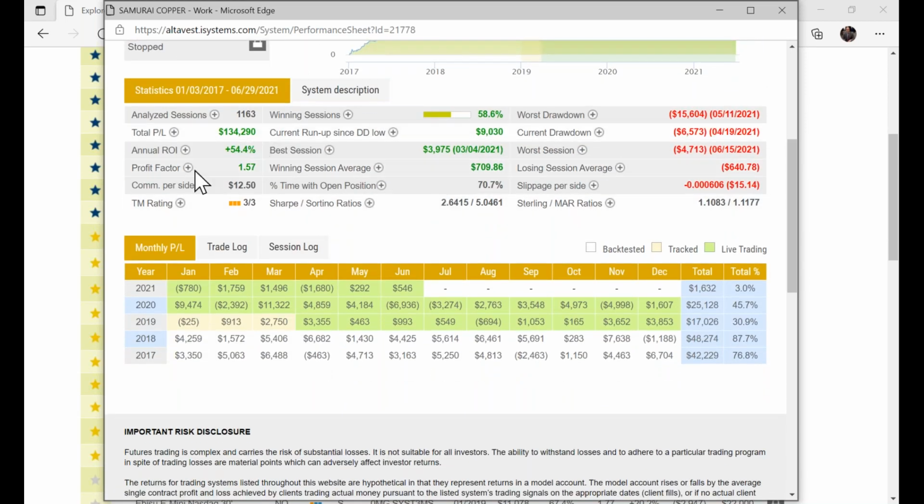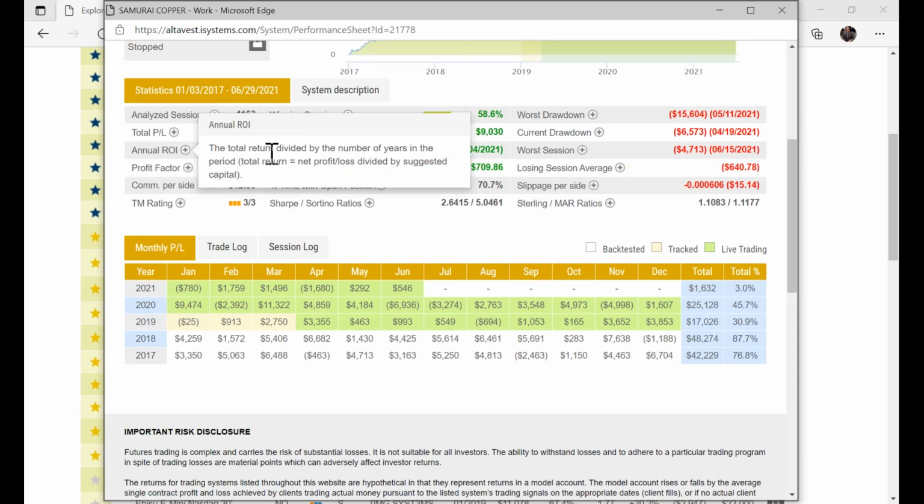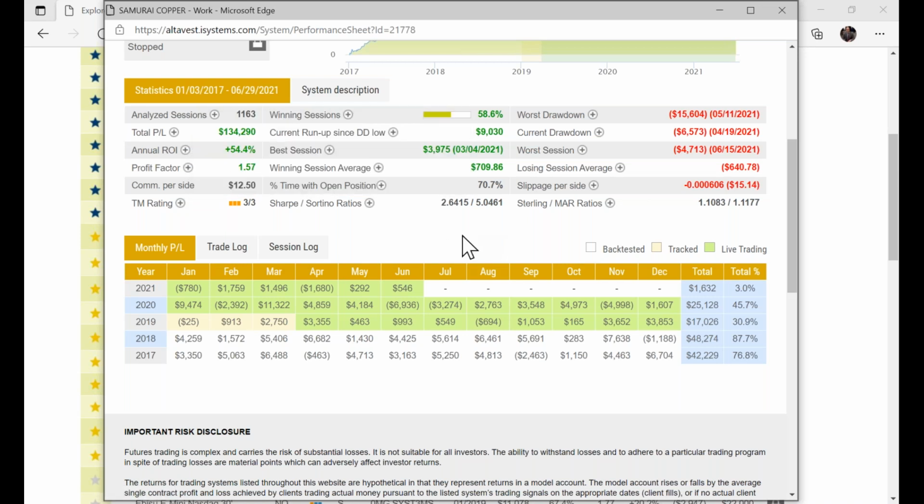I won't go into all the details, but if you want a further drill down, you just click on that little plus sign, that little bubble. It gives you the winning sessions, the number, percentage, your best session dollar figure, your worst session, so on and so forth, percentage of time with open positions.